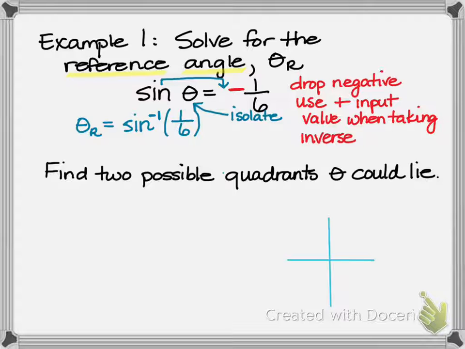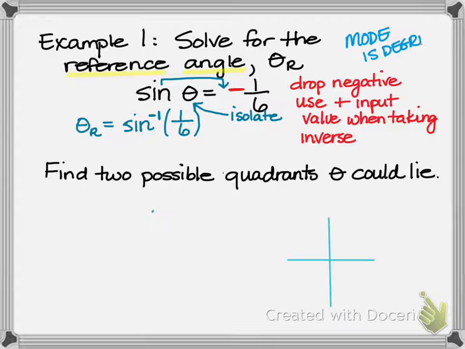Always. So again, just repeating, the sine jumped over the equal sign, became a sine inverse, and the 1/6 came down. I am not including the negative. I'm just putting 1/6. So when you type that into the calculator, you're just going to type it just as you see it. Make sure, by the way, your mode is in degrees.